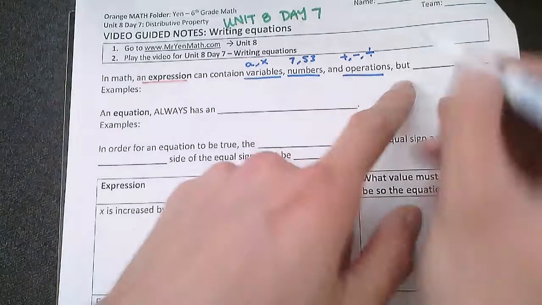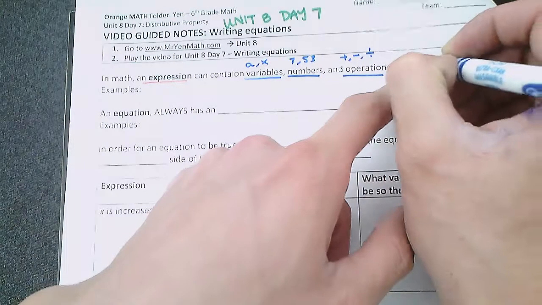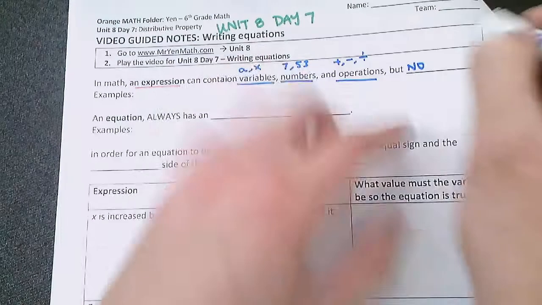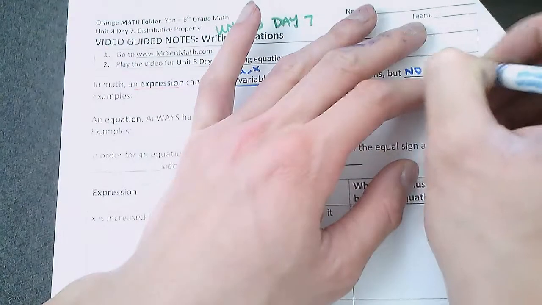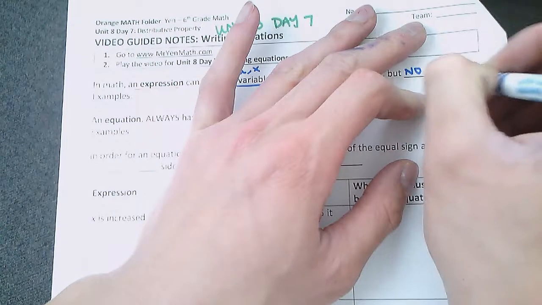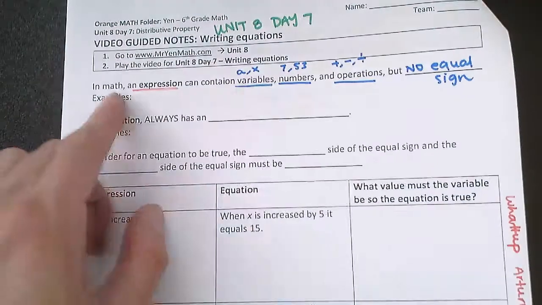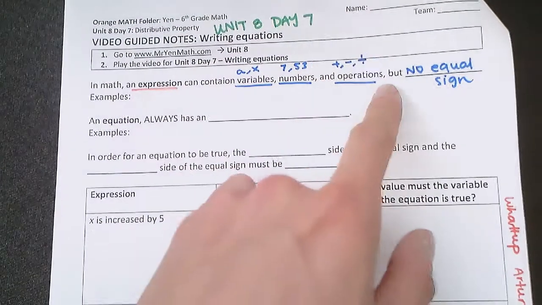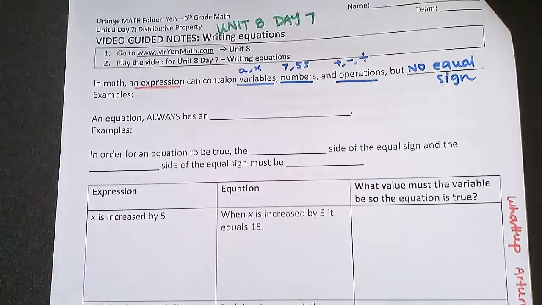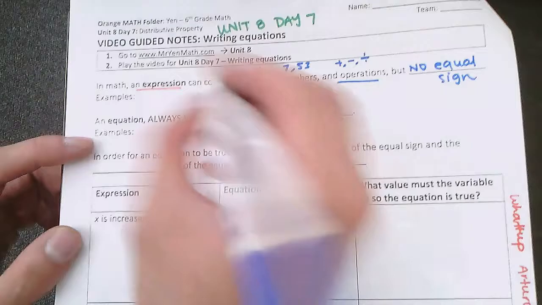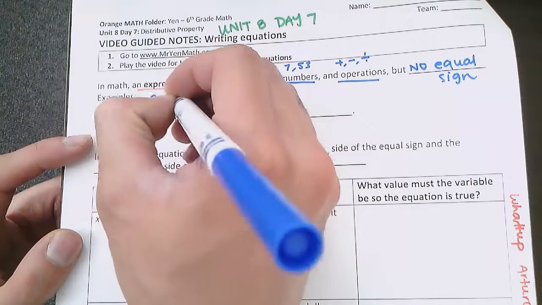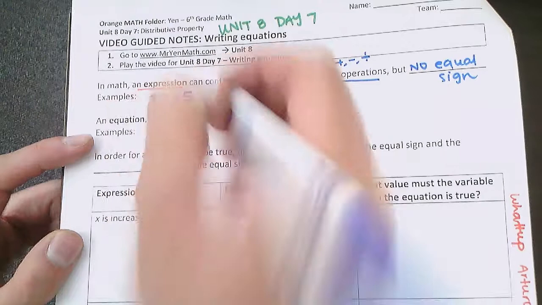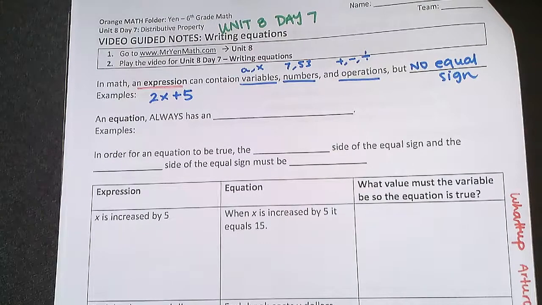But an expression cannot have an equal sign. So an expression can have all of these things, but no equal sign. An example of an expression that we've been working on is something like 2x plus 5. That's an example of an expression.